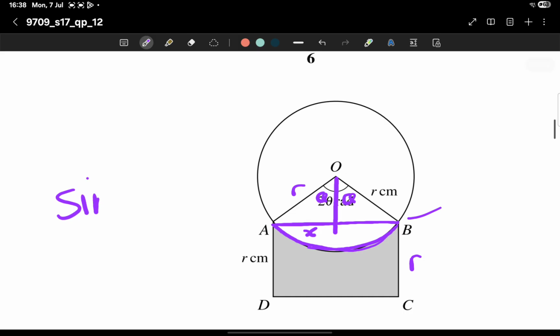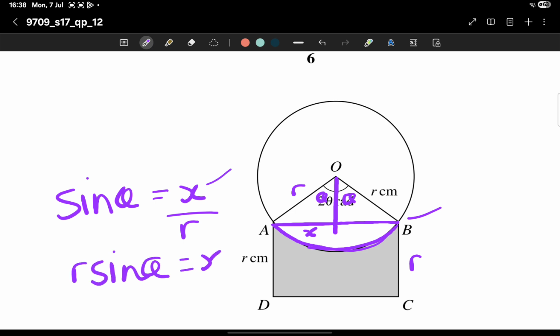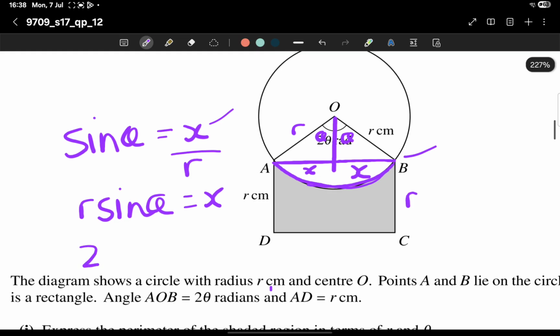So sine of the angle, which is theta, is equal to x over r. And for us to get x, r sine theta is equal to x, meaning this x is r sine theta, and this part as well will also be r sine theta. So together they give us 2r sine theta.